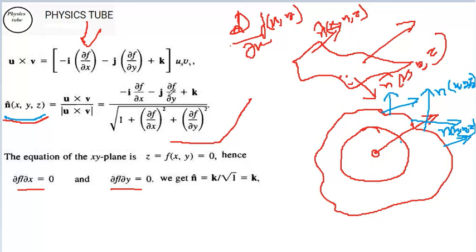So in case x and y have no relation, this turns to 0. Generally, if this del x of f and del y of f turn to 0, you are mathematically very clear that this becomes 0, this becomes 0, this is 1, square root of 1, and only k remains. So you are left with k, which indicates the normal is along the z direction.